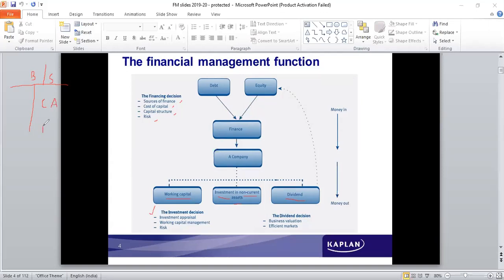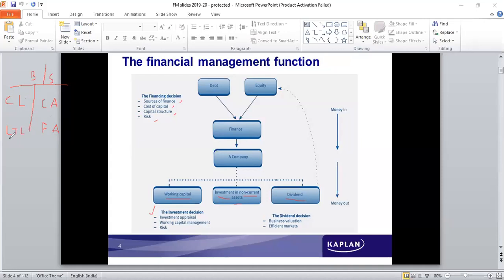Then the next type of assets is fixed assets. On the liability side, there are three different types of liabilities. One for the short run, then the other two are the long-term liabilities, that is, long-term liabilities as well as equity.